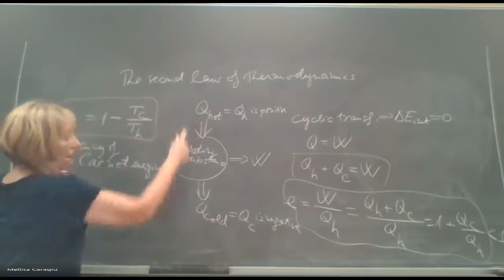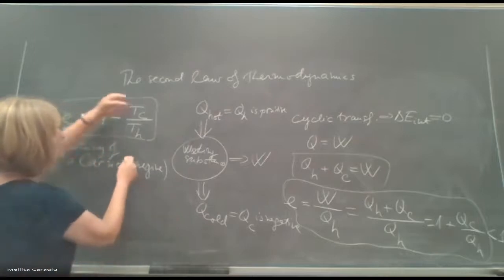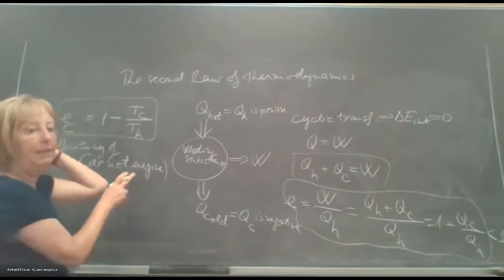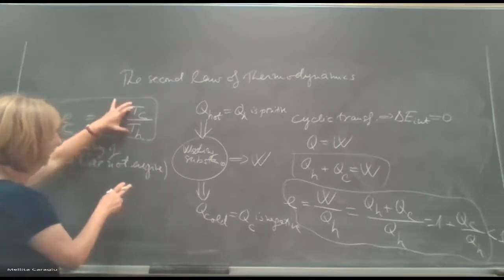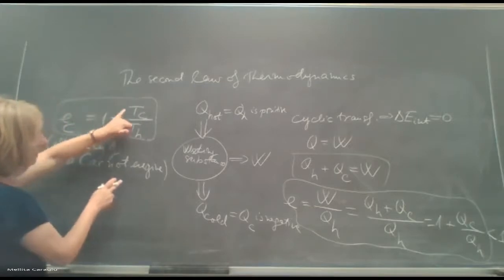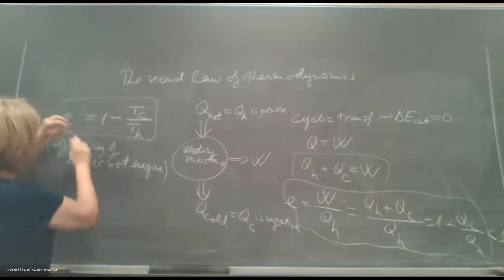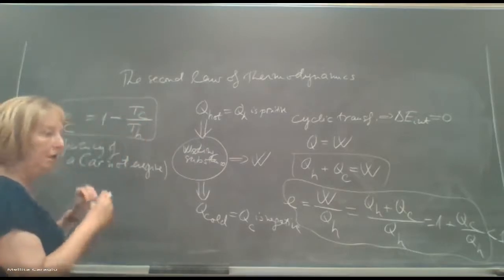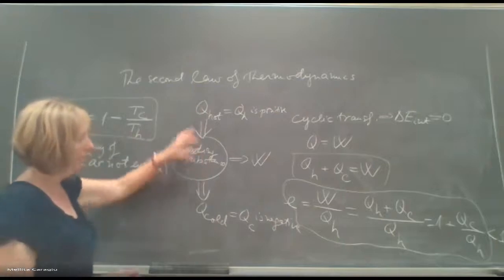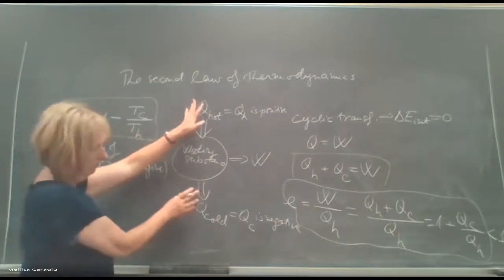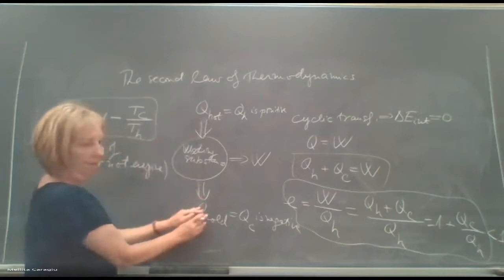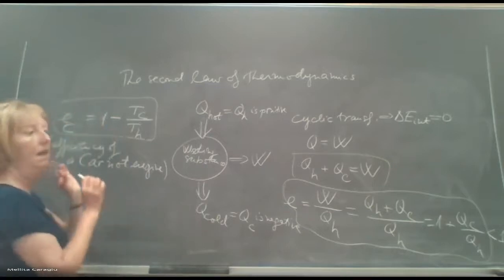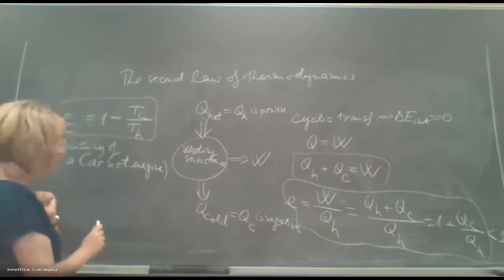So if you know T hot and T cold, and mind you, T hot and T cold are both capital T, therefore they are both in Kelvin. If you know that and you calculate 1 minus T cold over T hot, you get the efficiency of a Carnot engine. Therefore, any real engine which works between the same extreme temperatures, a certain T hot and a certain T cold, has to have efficiency less than the efficiency of the Carnot engine.